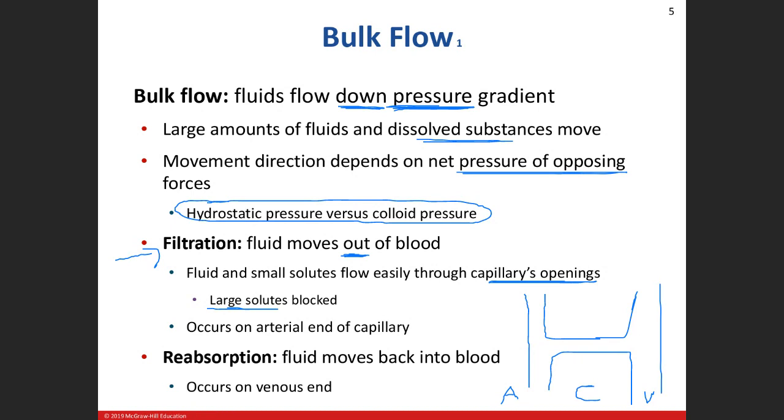So when we talk about filtration, as blood is moving into the capillary, in this area the fluids in the bloodstream will move out of the capillary.